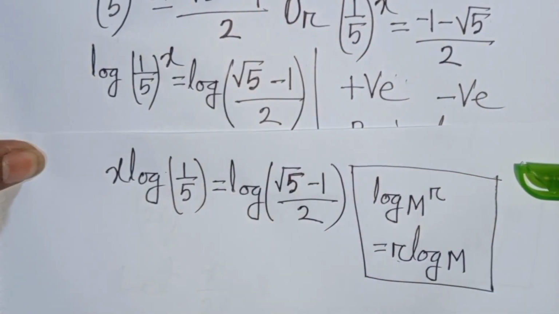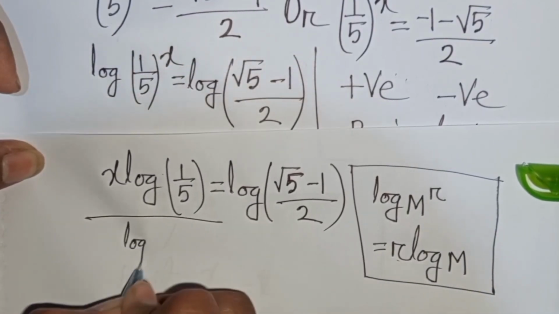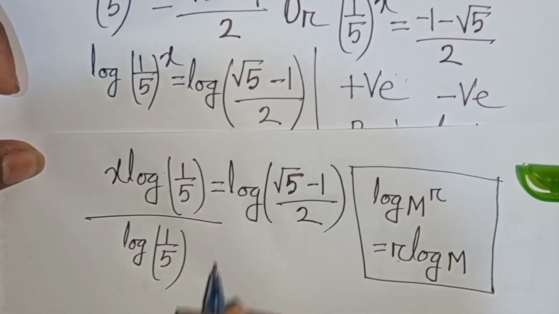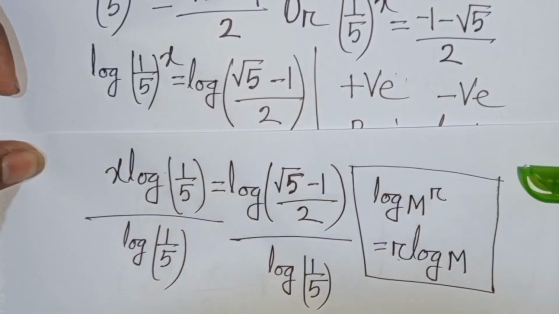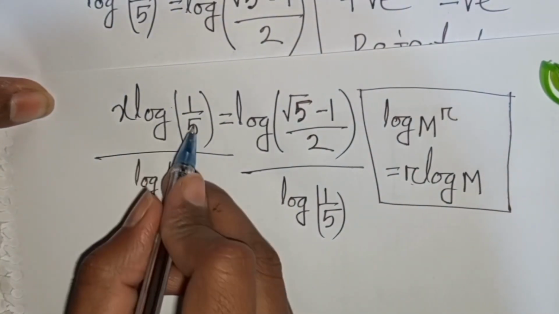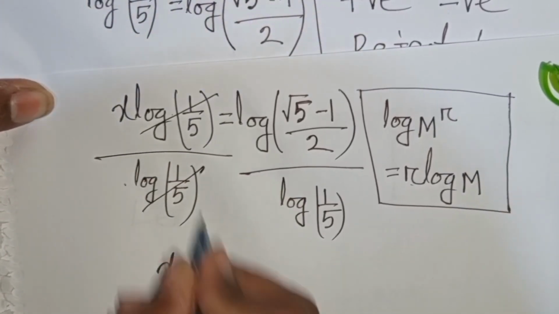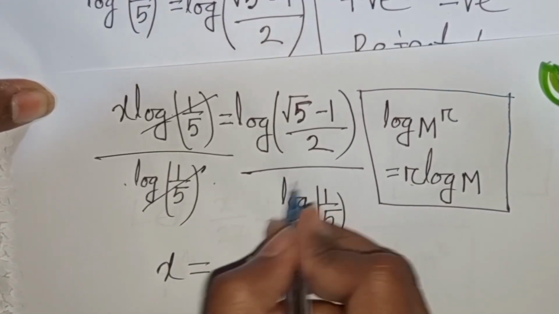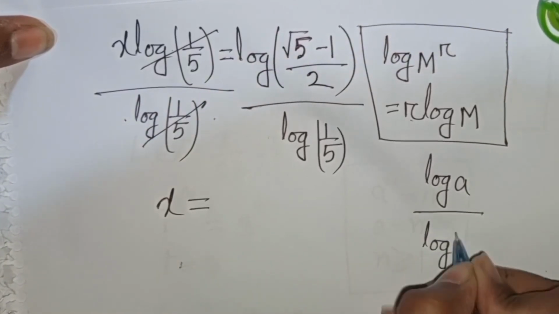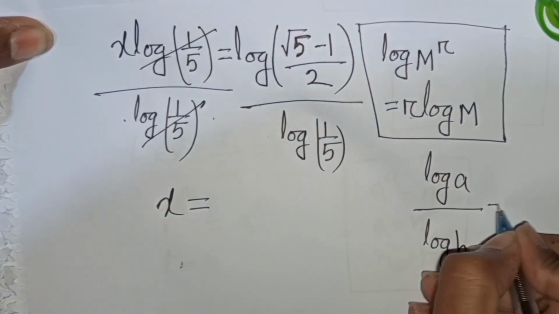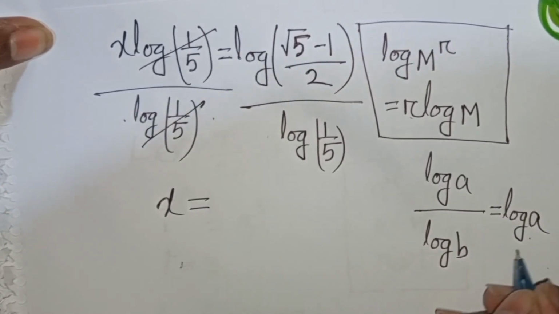Now we need the value of x, so we divide by log of 1 by 5 on both sides. Now we see this log of 1 by 5, this log of 1 by 5 will be cancelled. So here x will be equal to, here we can apply this formula, log a divided by log b is equal to log a base b.